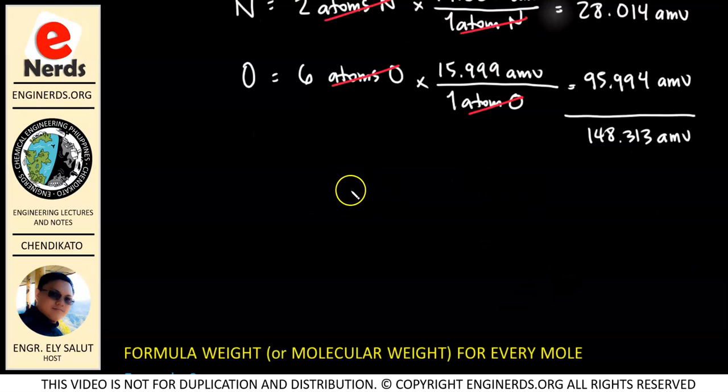So, therefore, our molecular weight of our Mg(NO3)2 will be equal to 148.313 atomic mass unit. So, this is our final answer here.